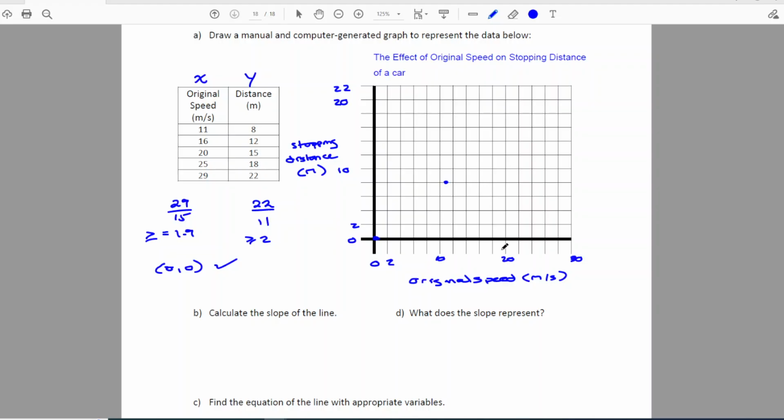And then we have 16 and 12. 2, 4, 6. 20 and 15. 2, 4. 25 and 18. And 29 and 22.